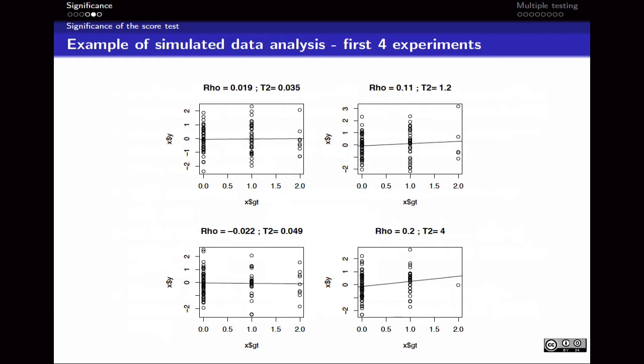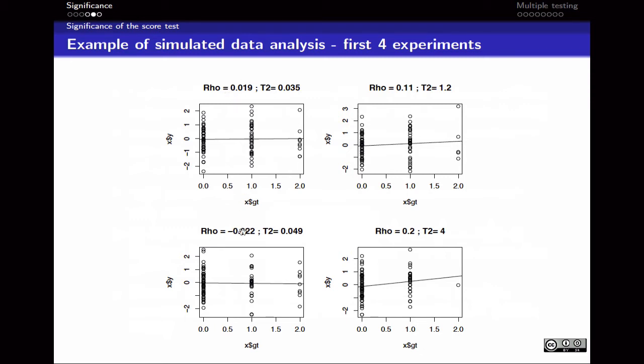Any association I would see would be type 1 error. With this coefficient of correlation, I square it, multiply it by 100, and I get the score test value of 0.035, which is smaller than 3.84, so I do not reject the null hypothesis for this experiment.